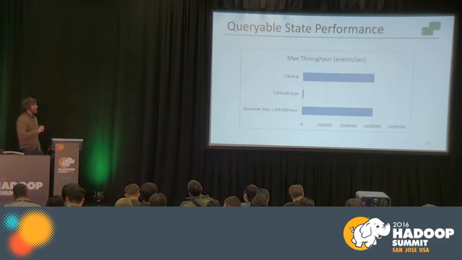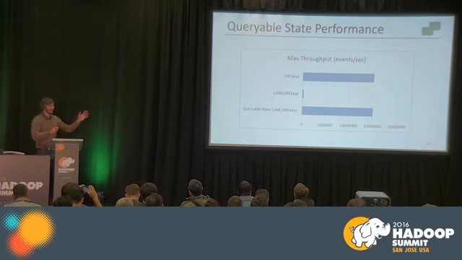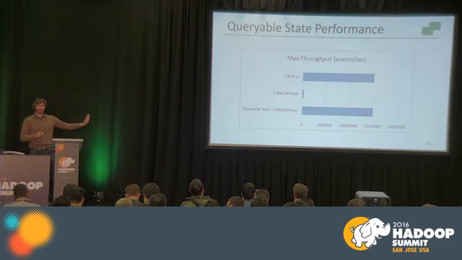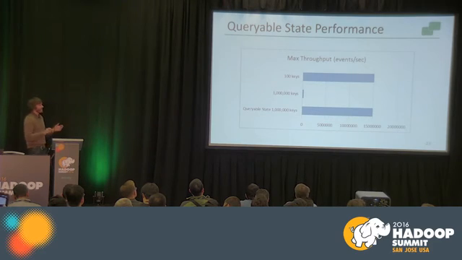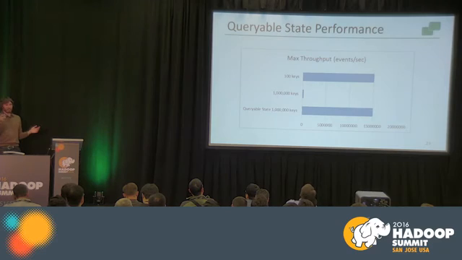So if we rerun the same experiment using queryable state, does it actually work? That's what this slide is supposed to show. It works, and the result is not very surprising, because it gets you back to basically the exact same throughput as before. That is not surprising, because you all of a sudden eliminate exactly the thing that became the bottleneck before, because you're not flushing every second anymore to the database.